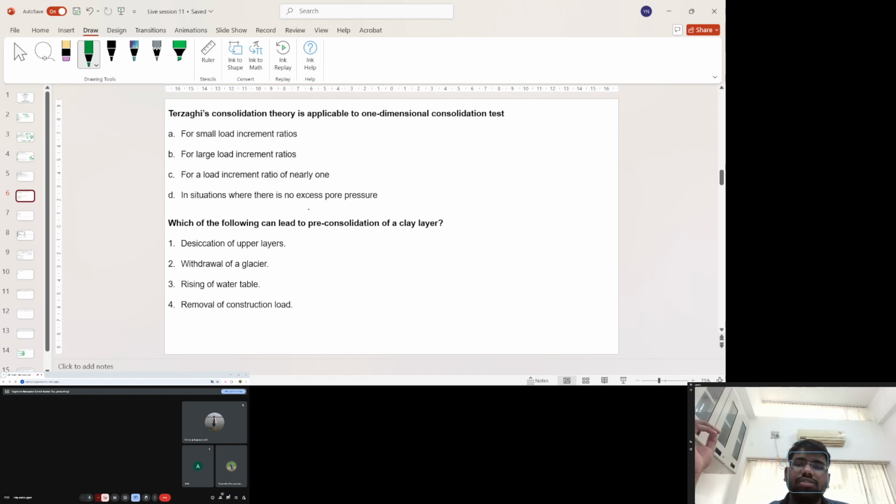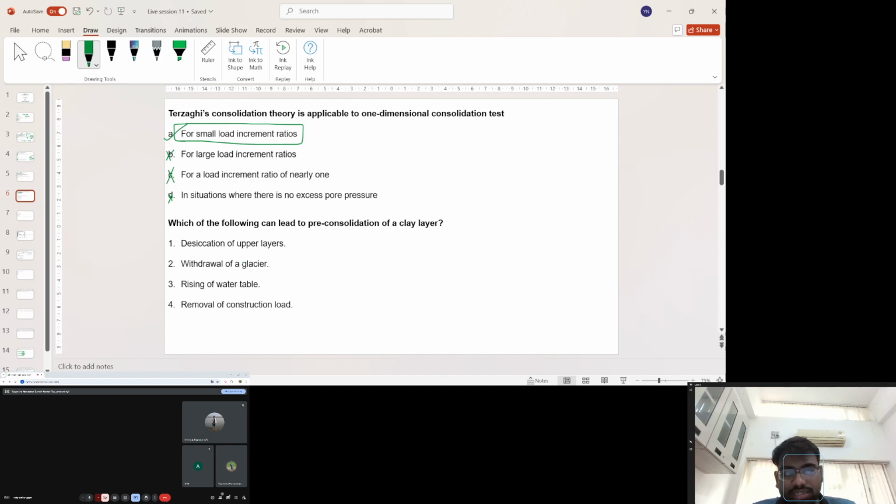In situations where there is no excess pore pressure, that does not bring consolidation into the picture itself, so it is also not right. It is incomplete. For large load increment ratios, Terzaghi's theory is not applied. One of the primary assumptions is that the load increment ratio should be small. All right, so option A is right.